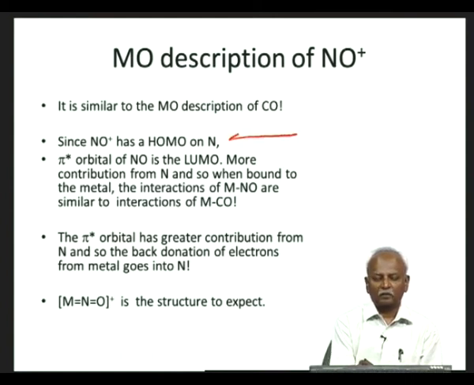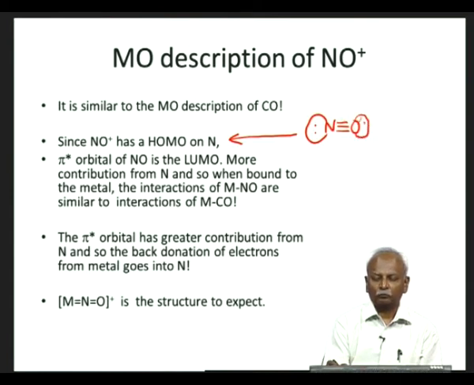This HOMO is localized on the nitrogen side. So, in fact, if we draw a pictorial representation of this orbital, we will have something like this, a pair of electrons which is mostly on the nitrogen and a smaller amount on the oxygen.